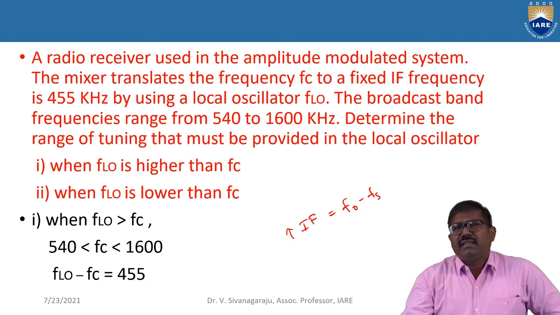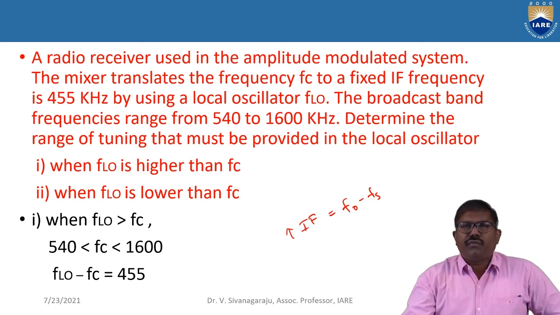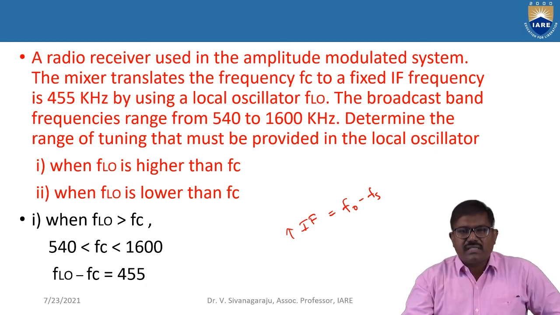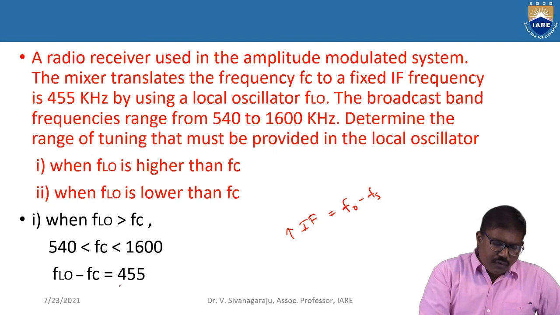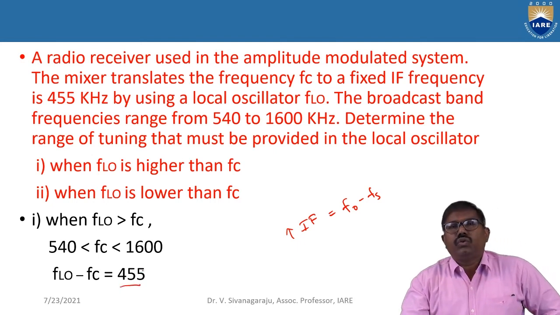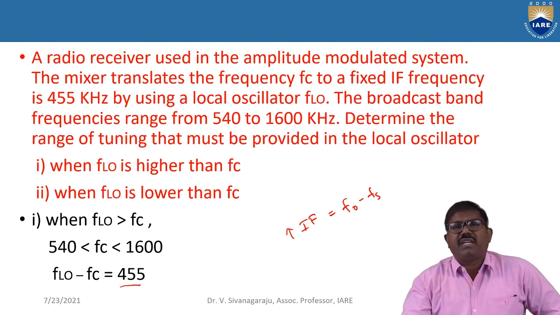So that's why the intermediate frequency is equal to F0 minus Fs. By using that formula, we substitute F0 minus Fc equal to 455 kHz. Why? Because 455 kHz is our IF, the intermediate frequency.